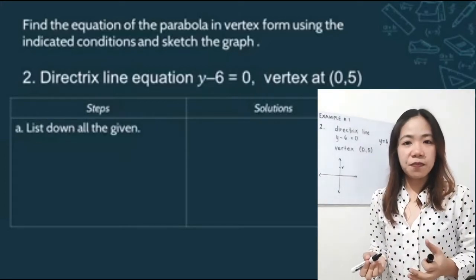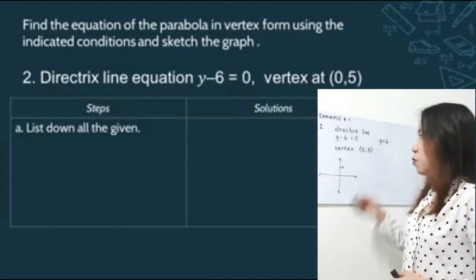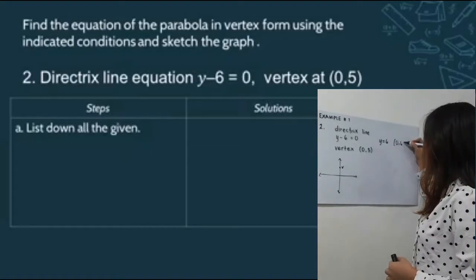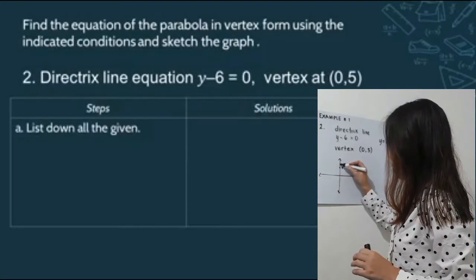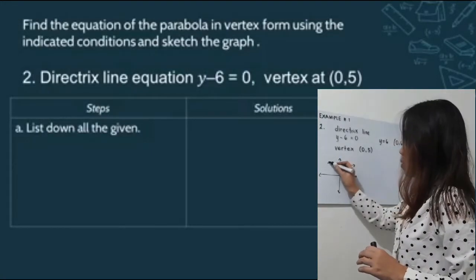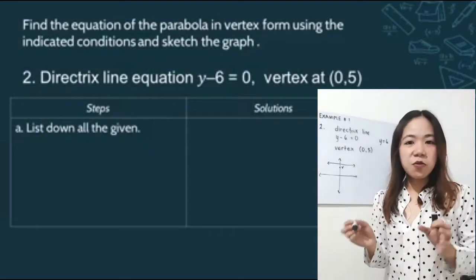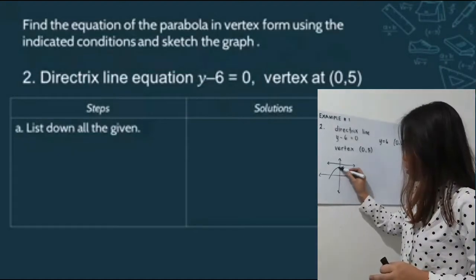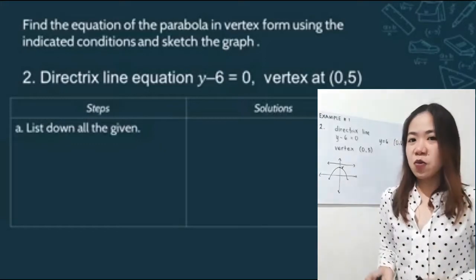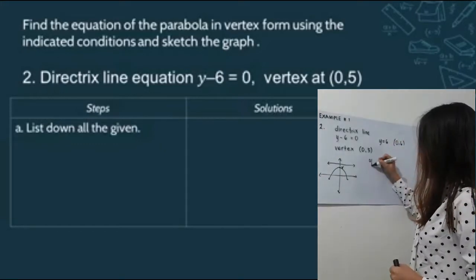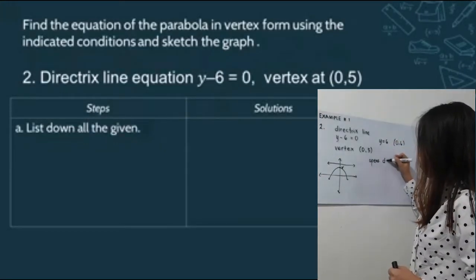That means to say (0, 6) is the point of intersection of the directrix line on the y-axis. So it's here. Okay, so outside the curve, therefore, the graph opens downward. So let's write that here. Opens downward.